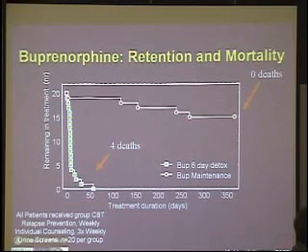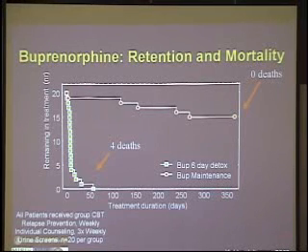Another research study had buprenorphine provided as either a detox medication or as a maintenance medication. This is a study from CACA, in which everybody had all the CBT that they could ever want. They had all the wraparound services that they could ever get in terms of a treatment research study.